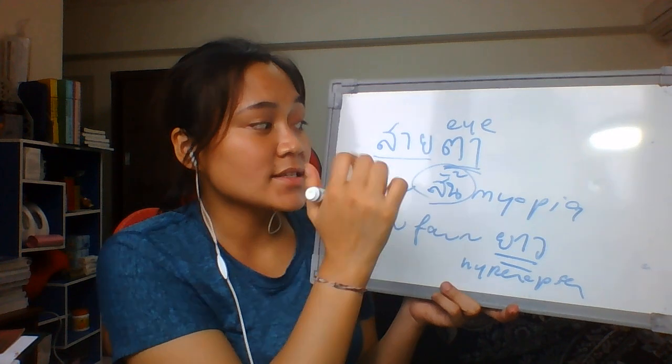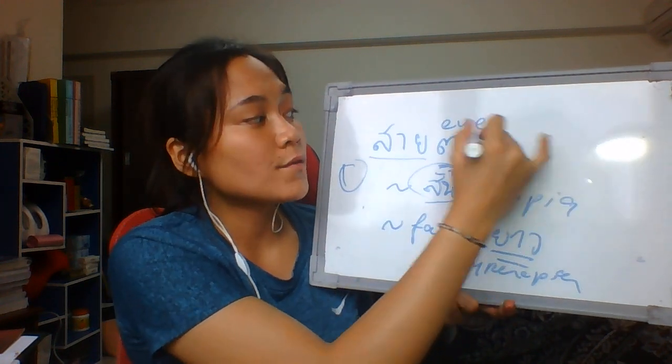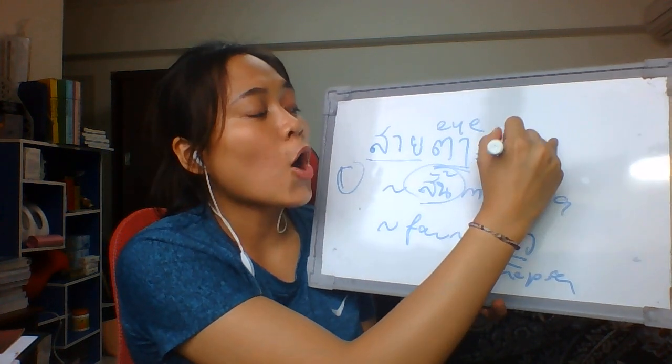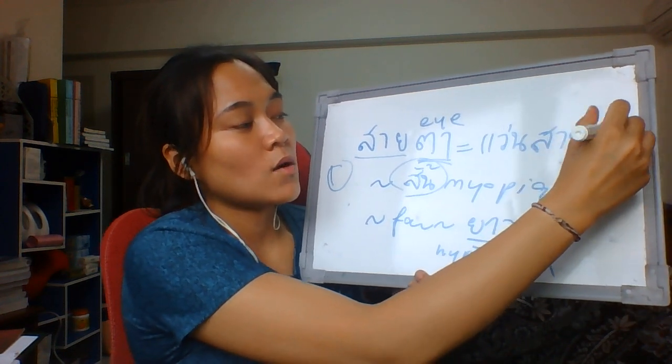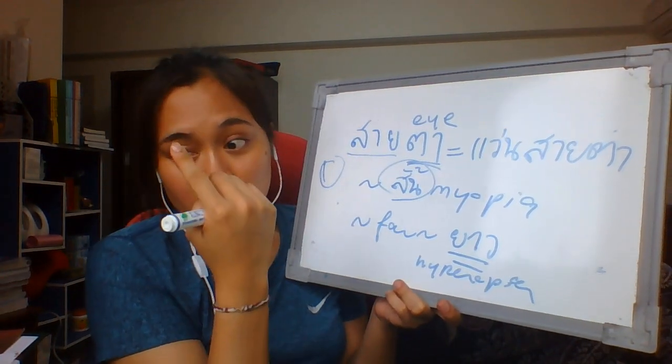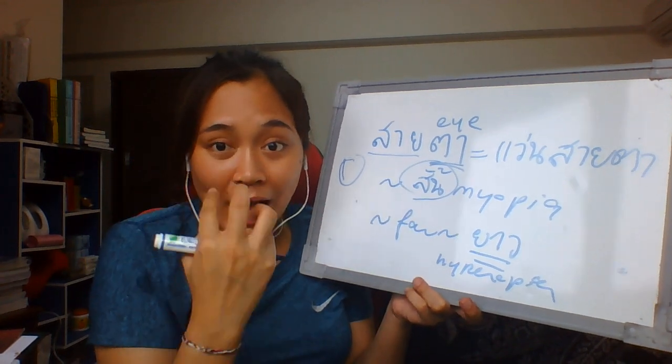This is the first meaning of สายตา. We also have the word แว่นสายตา, which means eyeglasses that you wear because you have eye problems.